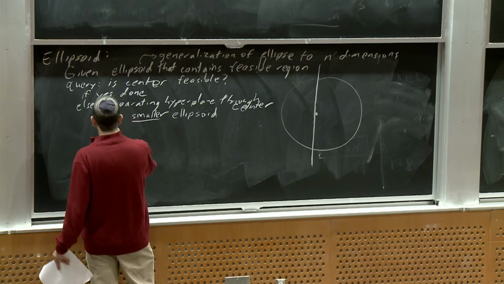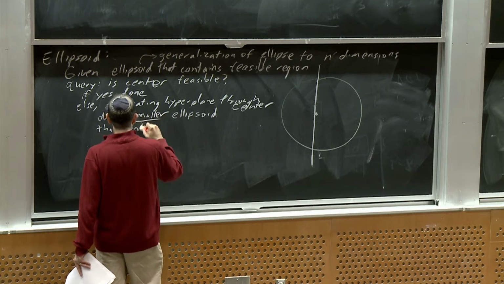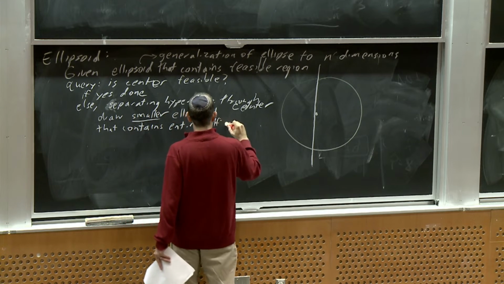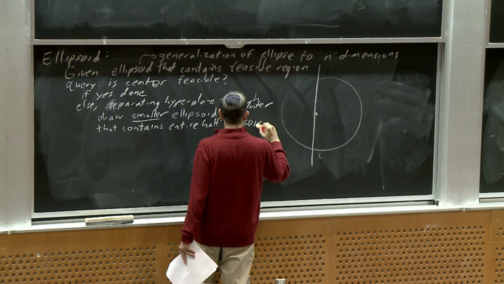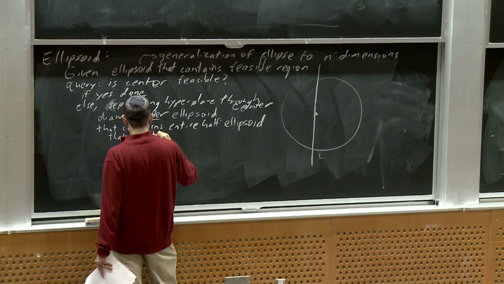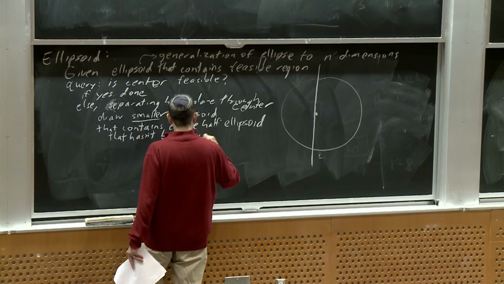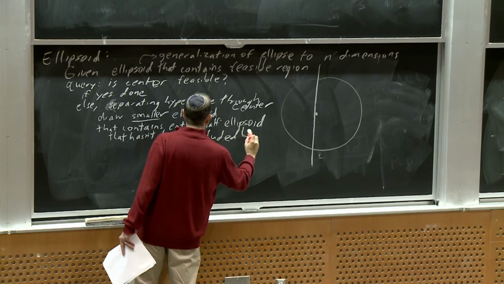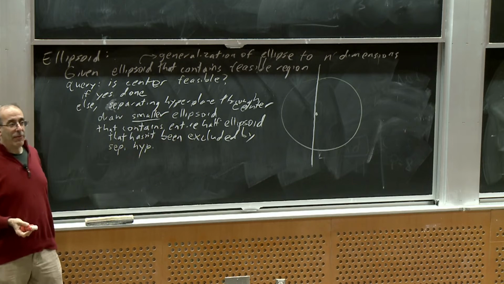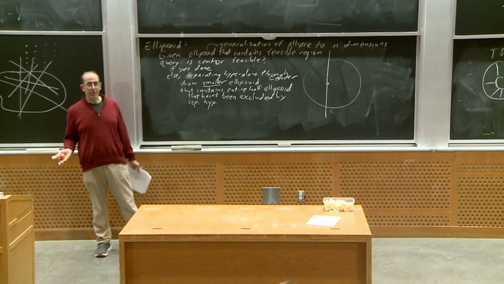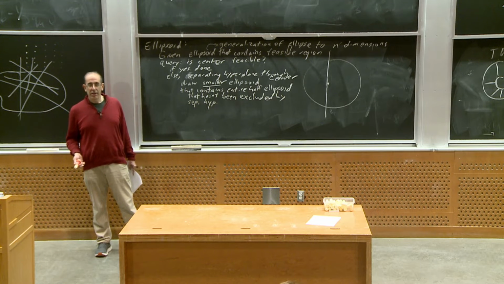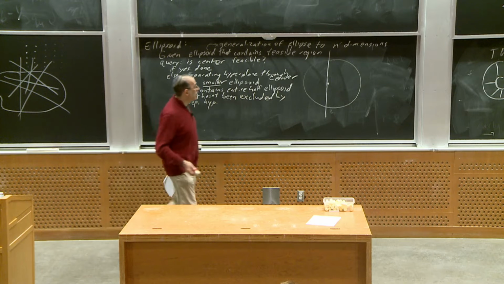Well, we draw a smaller ellipsoid that contains the entire half that hasn't been excluded by the separating hyperplane. So if we're able to contain the entire half ellipsoid, then certainly we're containing the entire feasible set, because the assumption is that the feasible set was inside of the previous ellipsoid. Right? So how might we do that?